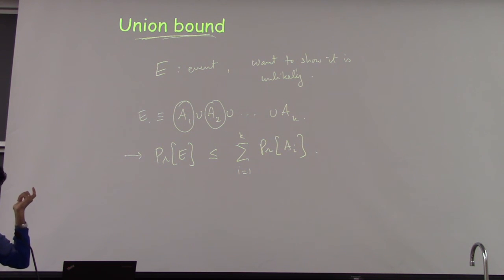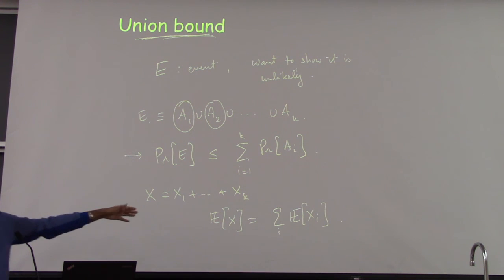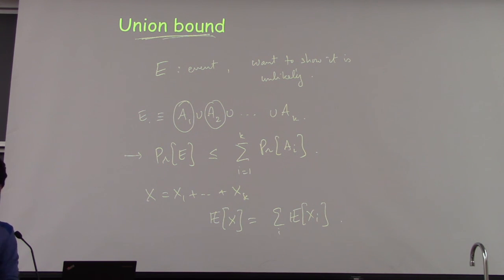If X equals X1 plus through Xk, then E[X] is exactly equal to the sum over i of E[Xi]. We've seen some powerful uses of this, and this is true no matter how correlated these Xi's are. That's the nice part. We will stop here.